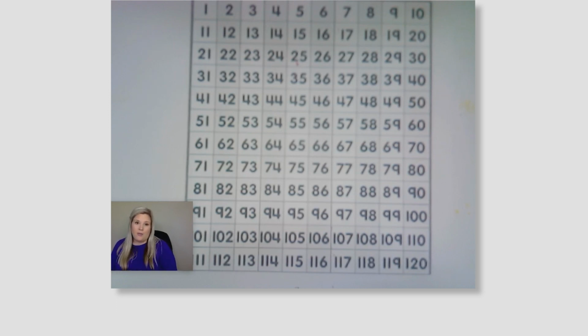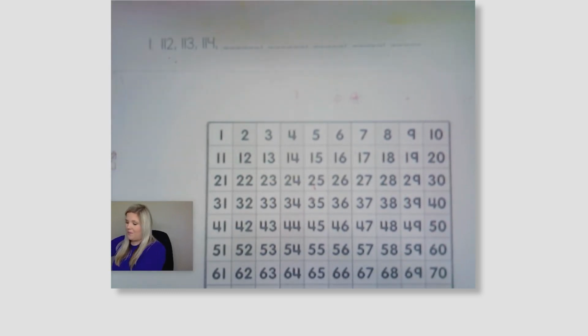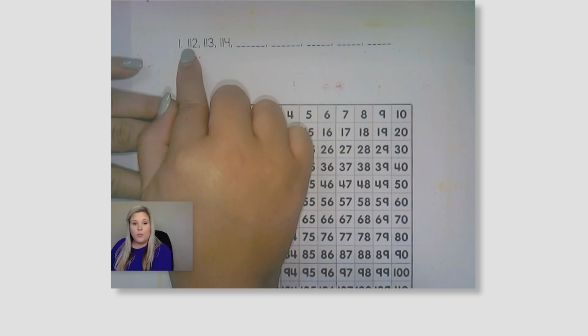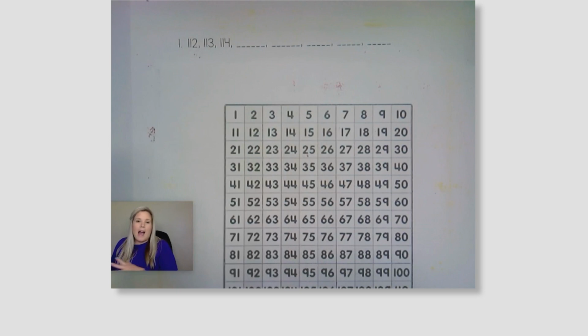Watch as I use a 120 chart to help me count. 112, 113, 114. I want to use a 120 chart to continue that pattern to the next 5 numbers.